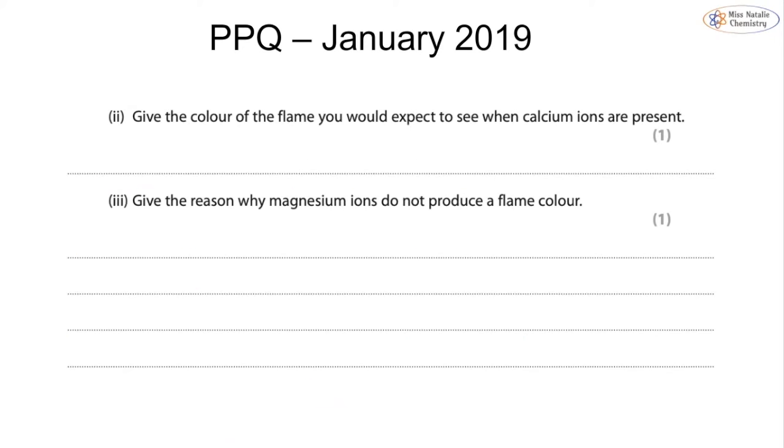So part 2, give the colour of the flame that you would expect to see when calcium is present. Well, for calcium, we see a yellow-red flame, or a brick red flame. Either one of those would be accepted. For part 3, give a reason why magnesium ions do not produce a flame colour.